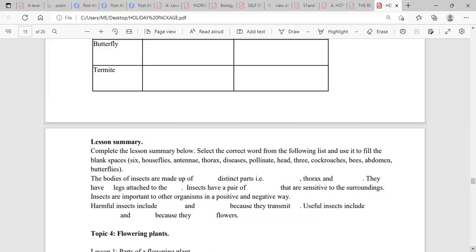And this gives us knowledge about insects. It gives us why they are categorized alone, their specific features, how we can distinguish these organisms from one another.